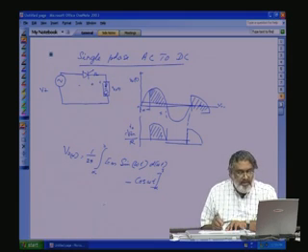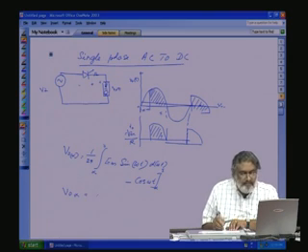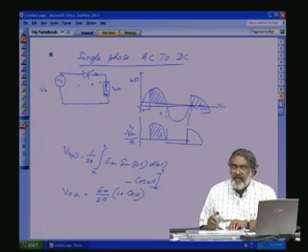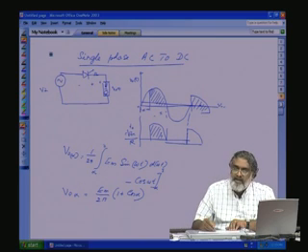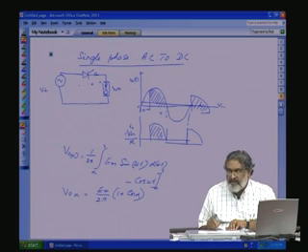So, when you substitute this, finally V0 alpha is equal to Em by 2 pi into 1 plus cos alpha. Here alpha can be varied from 0 to pi. When alpha is equal to pi, what will happen? Cos pi is minus 1, output voltage will be 0. The DC value will be 0.